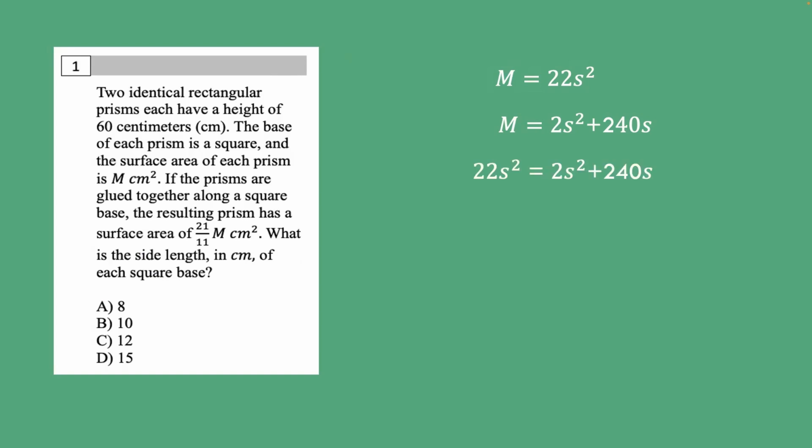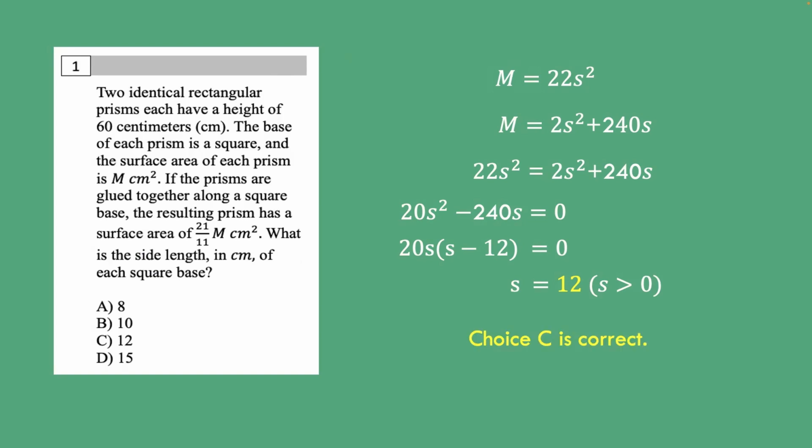Setting them equal, 22s squared equals 2s squared plus 240s. So 20s squared minus 240s equals 0. Factor: 20s times (s minus 12) equals 0. Since s can't be 0, we get s equals 12. Final answer, 12 centimeters, choice C.